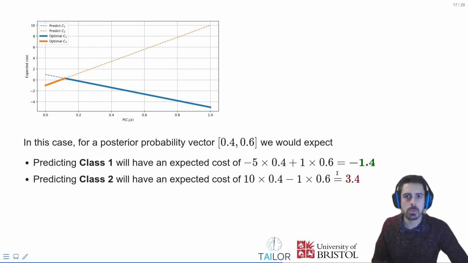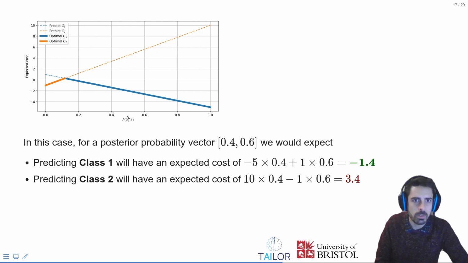We can see these 2 points at 0.4 for the positive class, which is this posterior probability of class 1, which corresponds to predicting class 1, this point here, which I indicated was minus 1.4, and predicting class 2, which is 3.4 as indicated here.